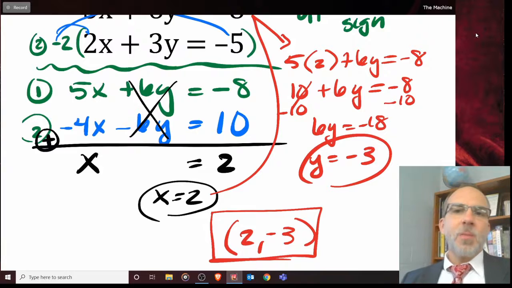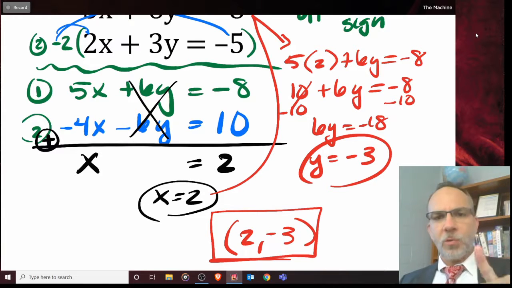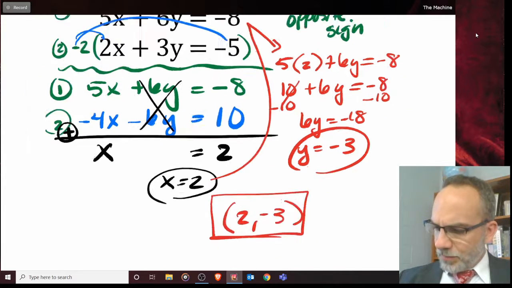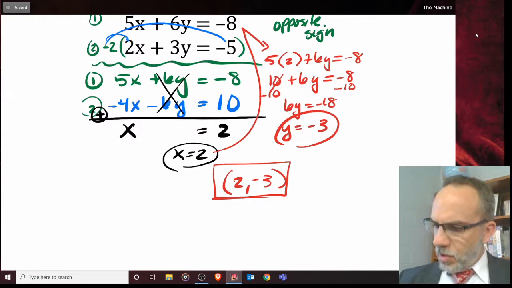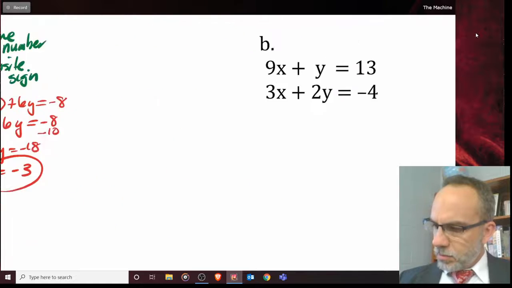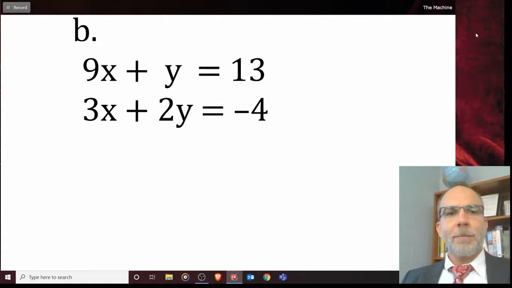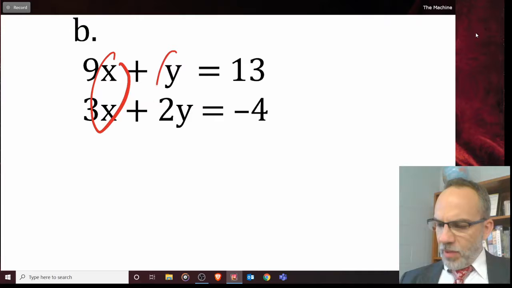Okay. Sometimes you might actually have to multiply both equations to get a value that will cancel. So if you're able to, you can try that one. What do you want to do there? You want to get the x's to cancel, or do you want to get the y's to cancel?